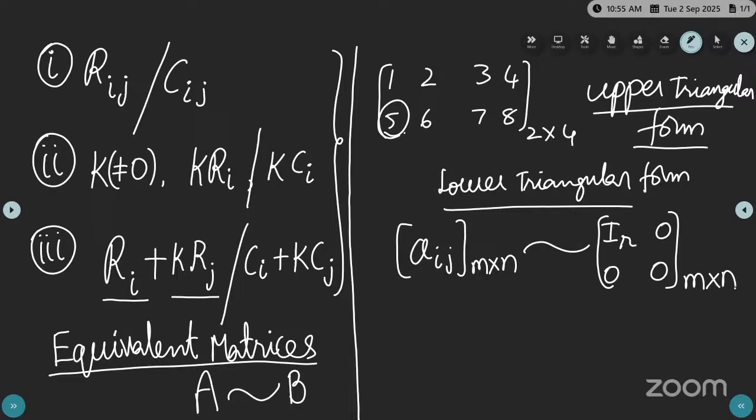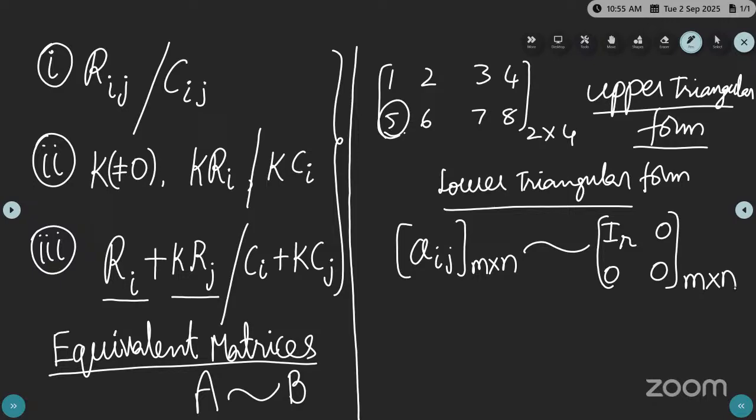Write it: where Ir is the identity matrix of order small r.